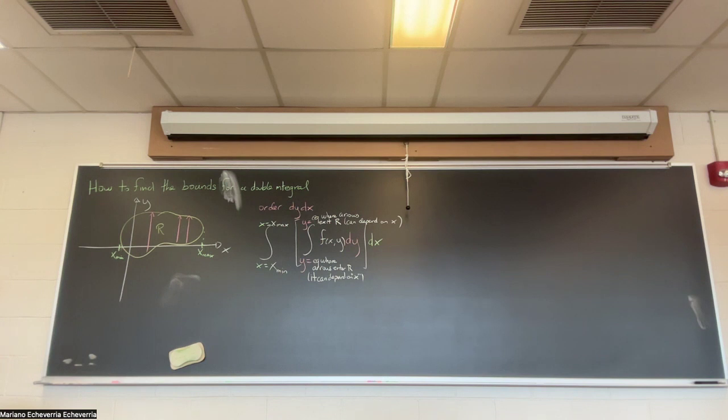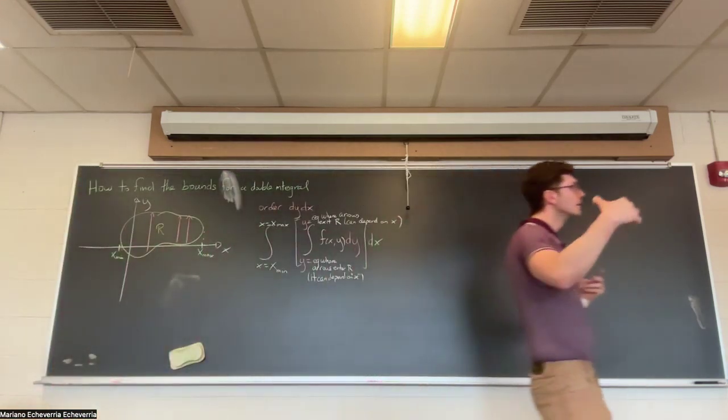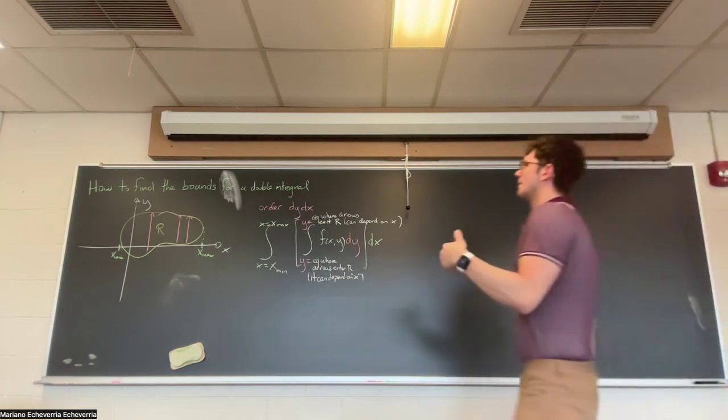Is that making sense so far? Okay, and the point is that, and you'll see with these examples, in principle, theoretically, you could always do the integral in this way.